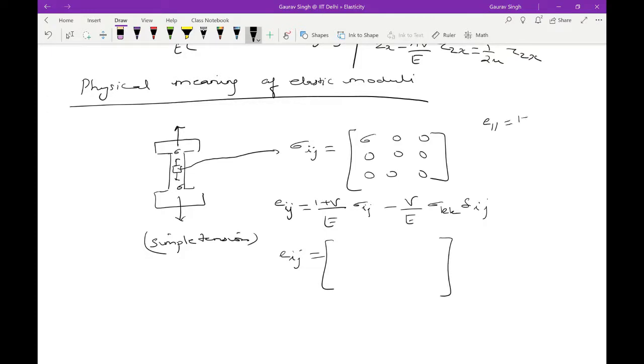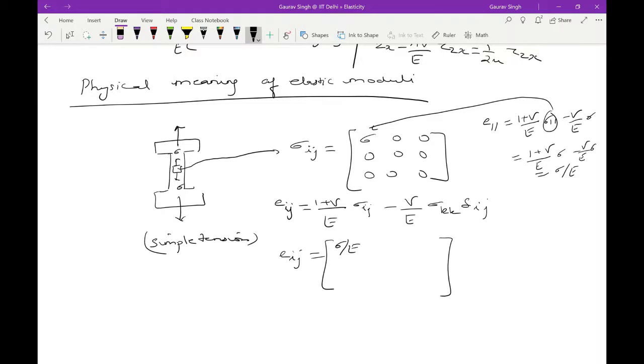So that will be (1 plus nu) by E sigma 11 minus nu by E sigma kk delta ij. Sigma kk is the summation of all the diagonal elements, that would be sigma, and delta ij is 1. So this would be (1 plus nu) by E sigma, because sigma 11 is sigma, minus nu by E sigma. This would be sigma by E.